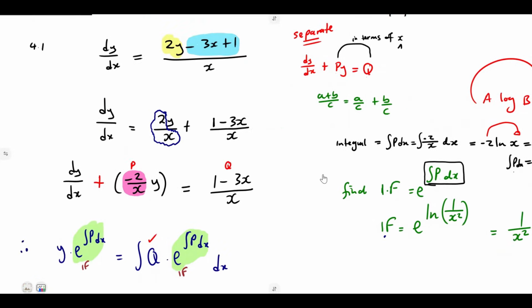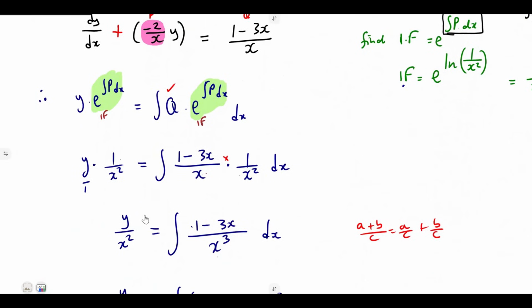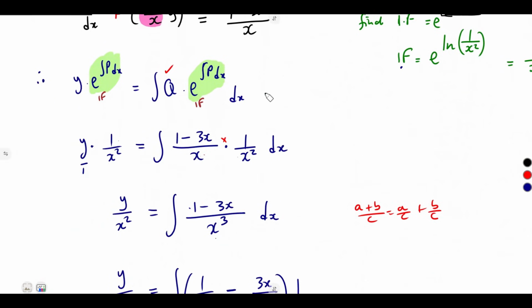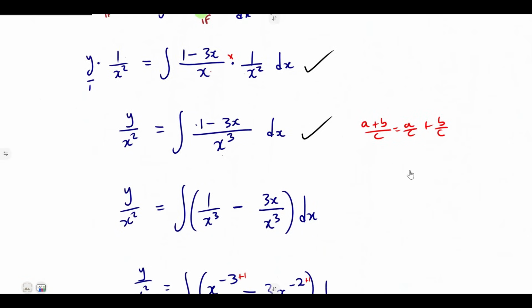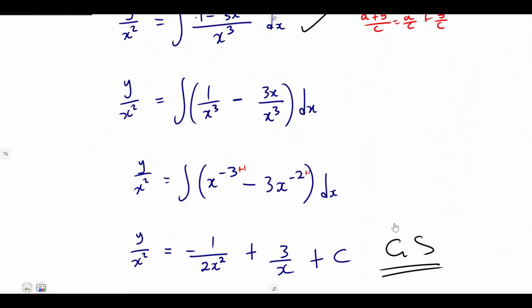Then you determine your integral factor, which, as you saw, is given in your formula sheet, so you just substitute as it is. You simplify further by integrating the right-hand side until your answer is in the simplest form. So that is it on the first part.